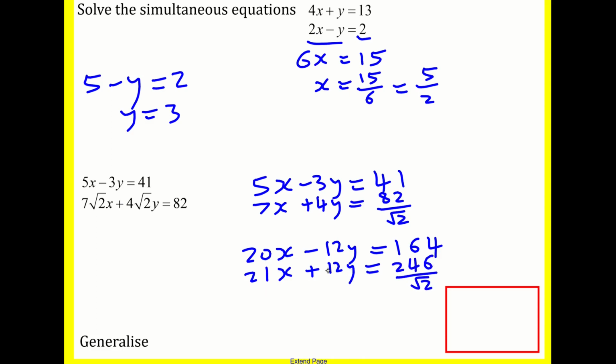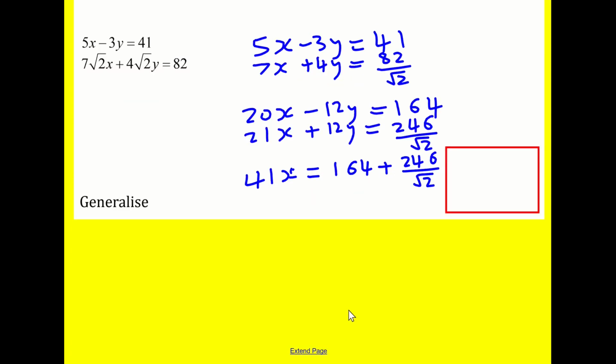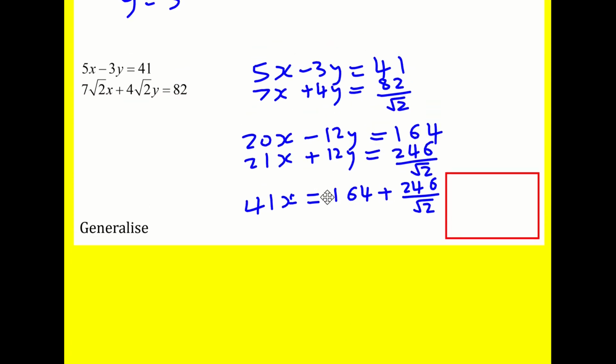Add these together. I'm going to get 41x equals 164 plus 246 over root 2. It's not looking particularly nice, that, is it? Until we realize that 41 does go into these numbers. If I divide through by 41, this is just going to leave me 4.